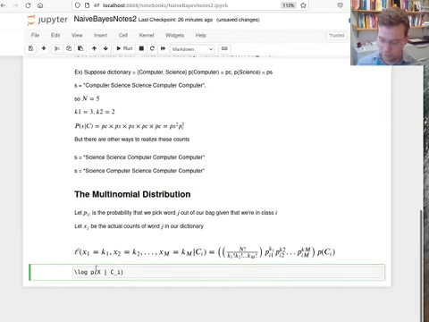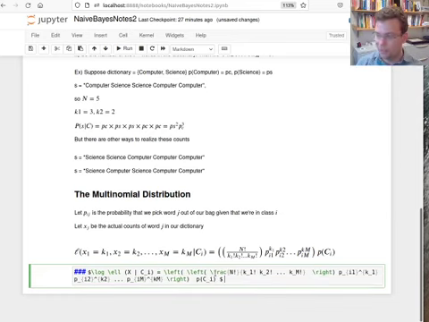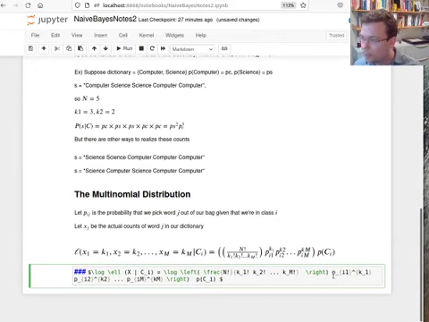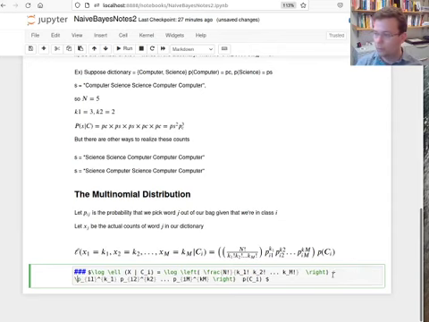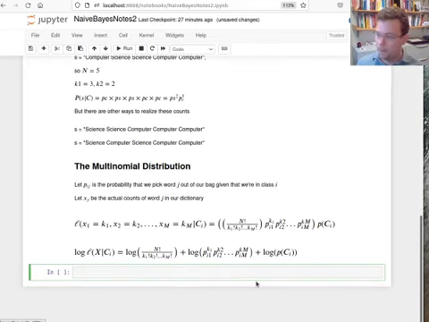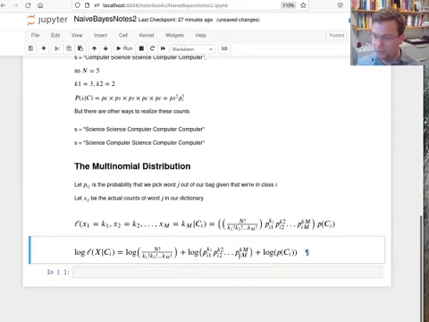So the log likelihood of x given ci is actually going to be the sum of the log of this part, plus the log of this part, plus the log of the prior probability. Okay, so we were able to split this product up into this. And actually, what's really cool is you can split this up too, right?